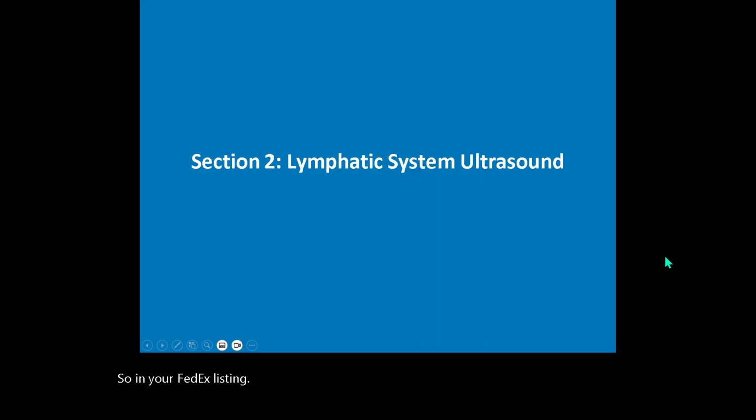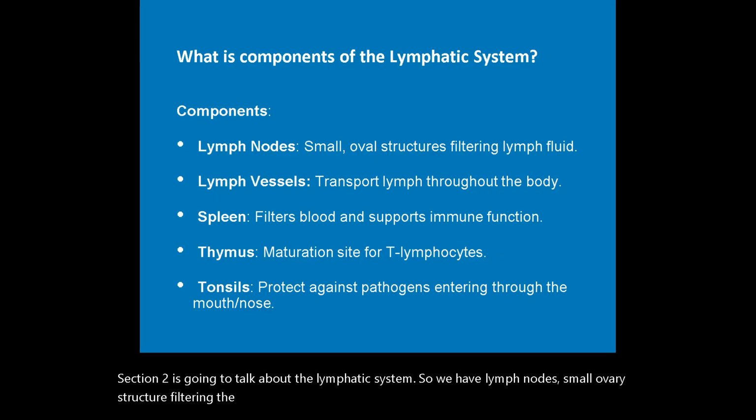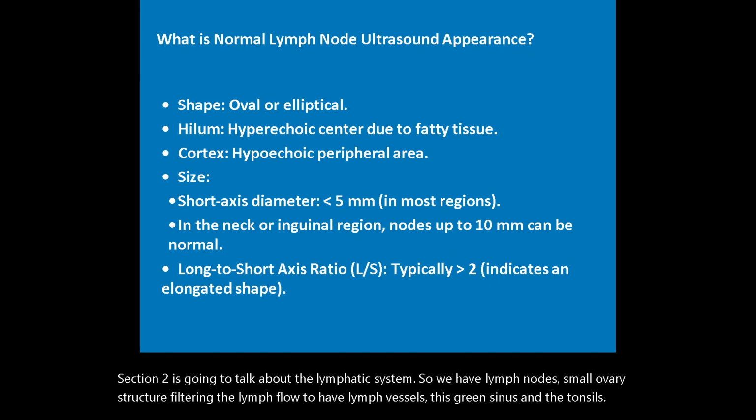Section 2 is going to talk about the lymphatic system. We have lymph nodes, small oval structures filtering lymph fluid. We have lymph vessels, with the spleen, thymus, and tonsils. These are the lymphatic system.